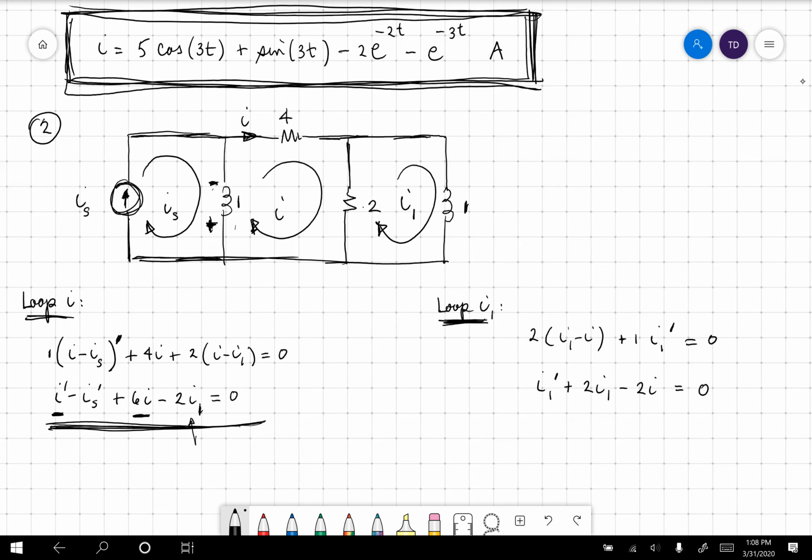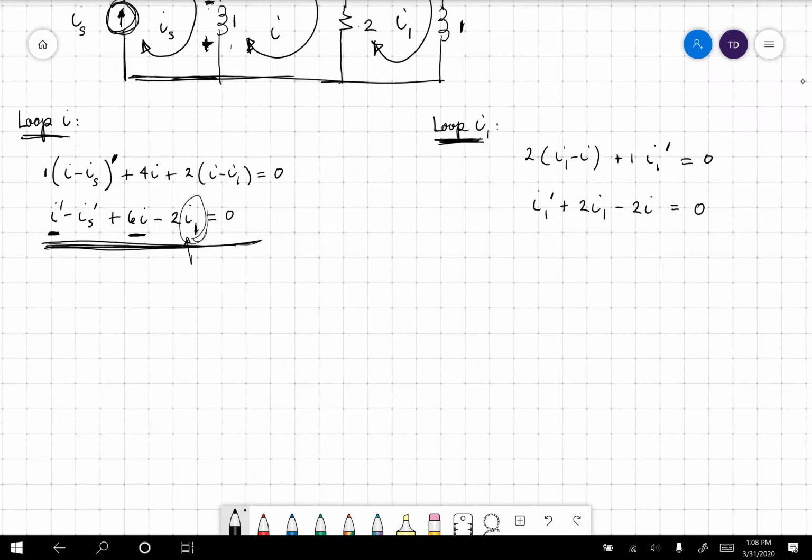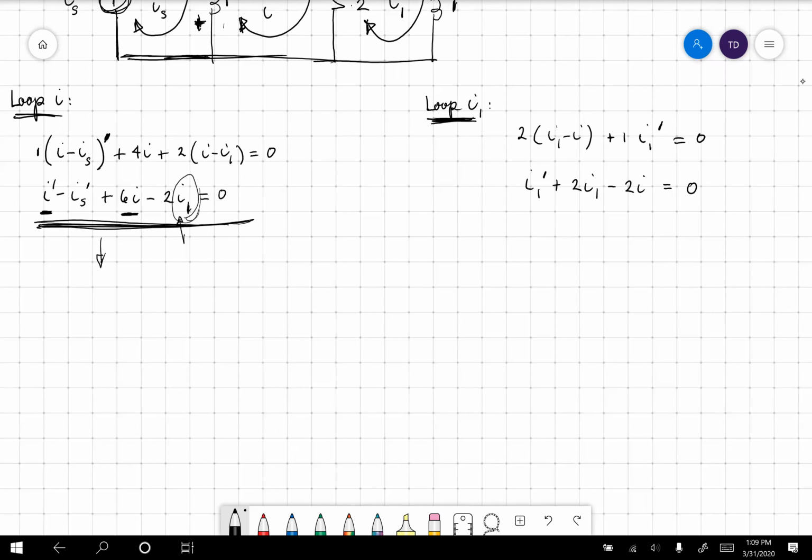So here's what we're going to do. This equation, I have I1 just in terms of I and the source, of course. That's a given. So what we're going to do is take this equation here and solve this for I1. And we're going to substitute for I1 over there and for I1 prime over there.